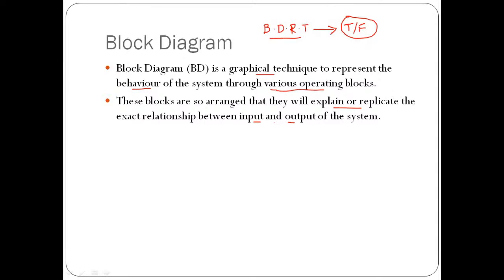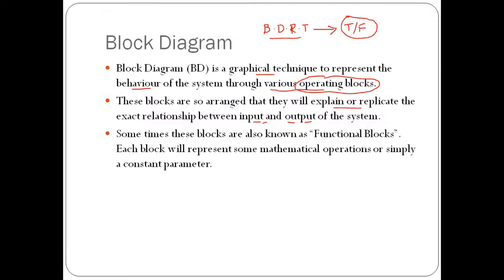That type of graphical representation, where we represent the system through various operating blocks that define the relationship between the input and the output, is called a block diagram representation.